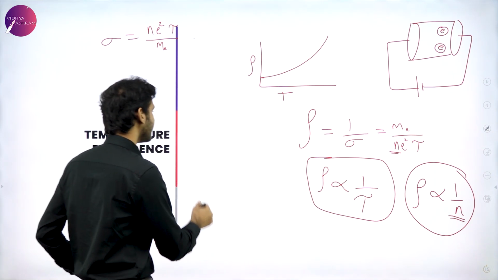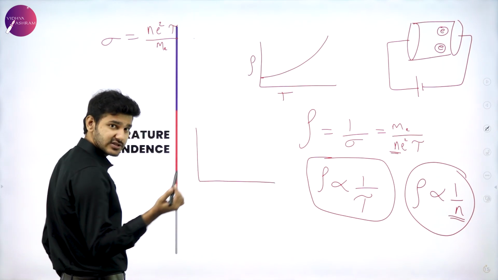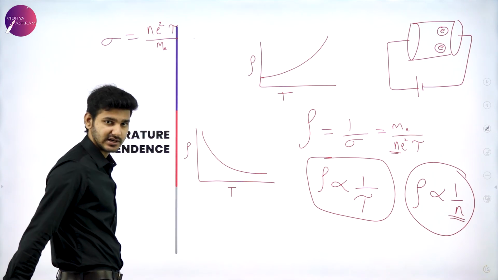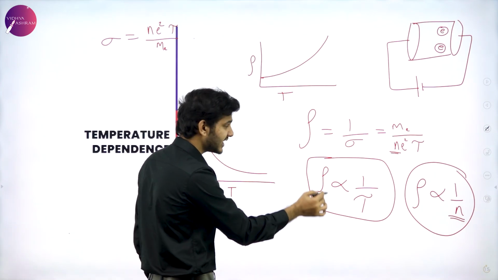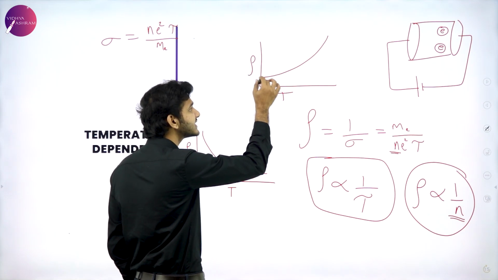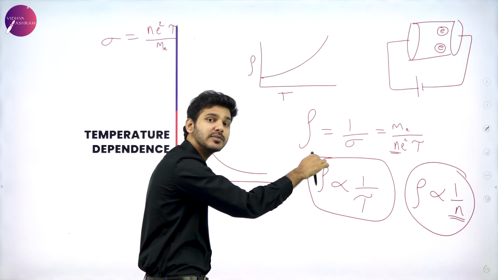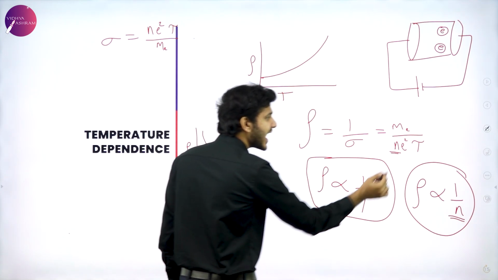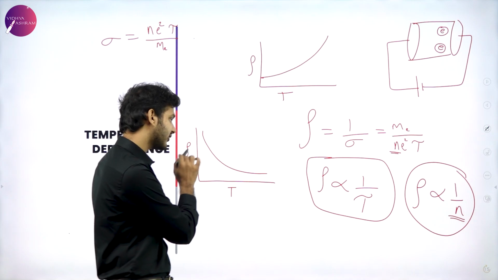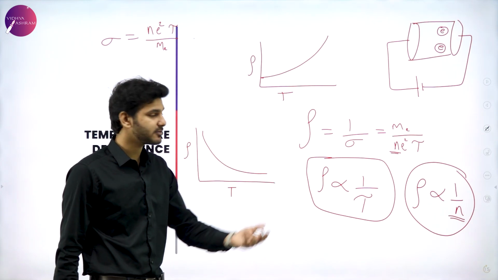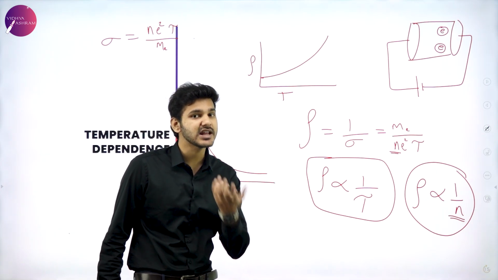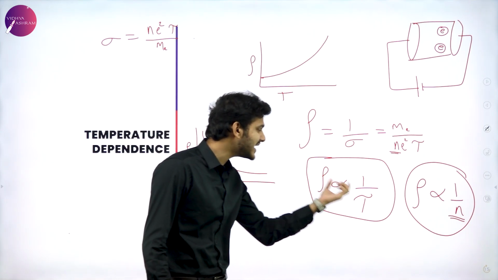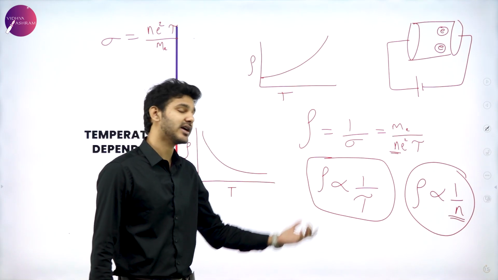To be more clear, we saw that this was the graph for semiconducting material. Even though this relation exists, that is, rho against T is increasing because relaxation time is decreasing, for metals or conducting materials, n was not changing. Here, for semiconducting or insulating materials, the number of free electrons available is changing. It is increasing right now. So this increase is enough to counteract any decrease in the tau value because it is comparatively very low.